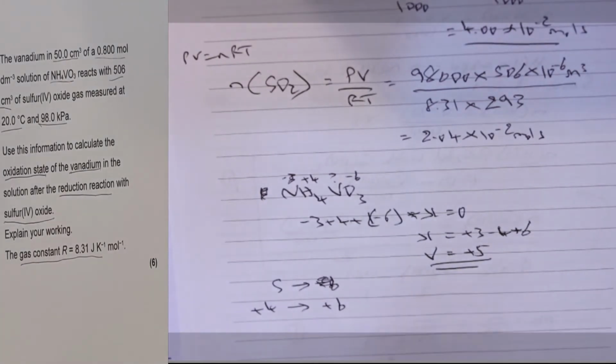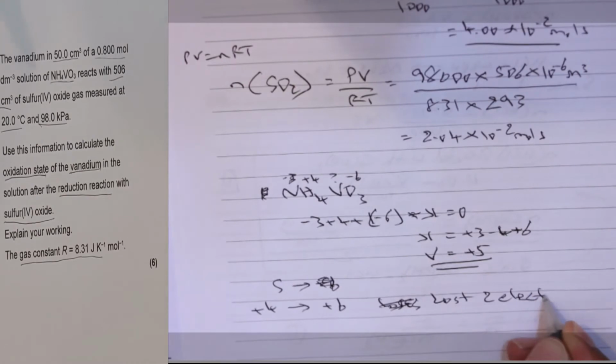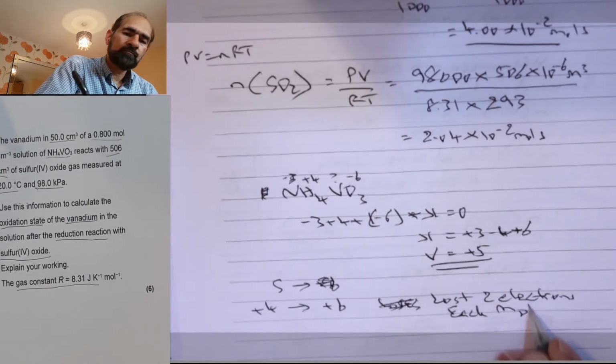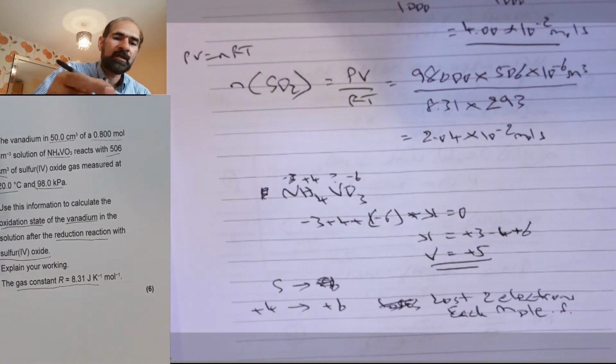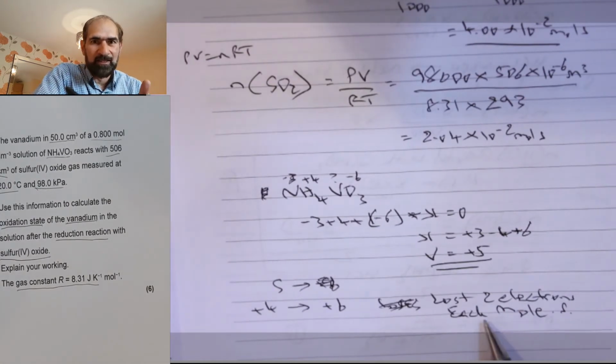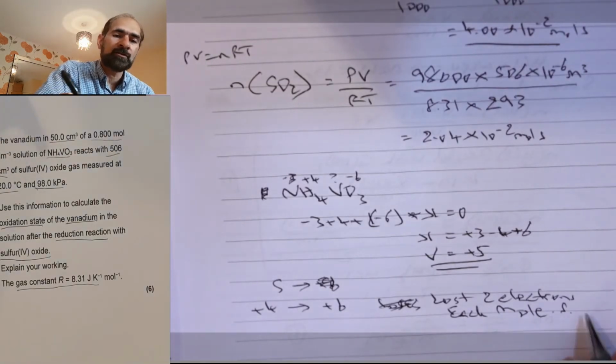Okay, so we've got to say sulfur dioxide lost 2 electrons, and that's each mole. So each mole of sulfur has lost 2 electrons. Okay, and I should probably put it in proper English. Remember, it needs to be coherent and logical. So each mole of sulfur loses 2 electrons.